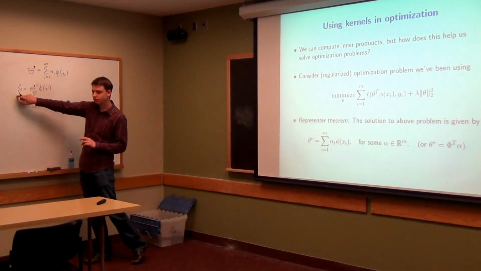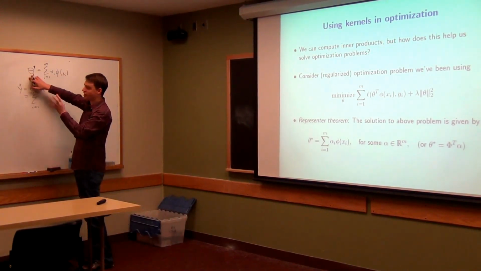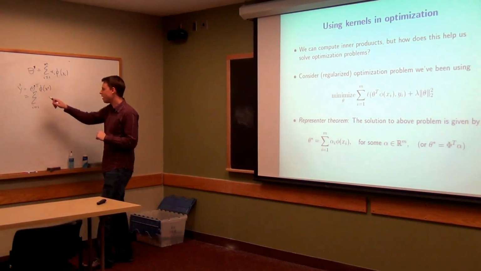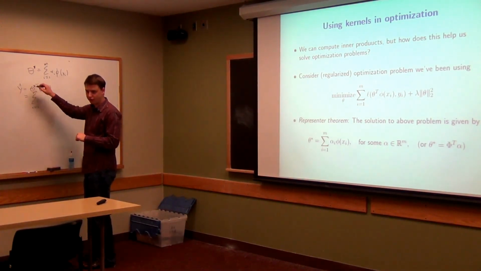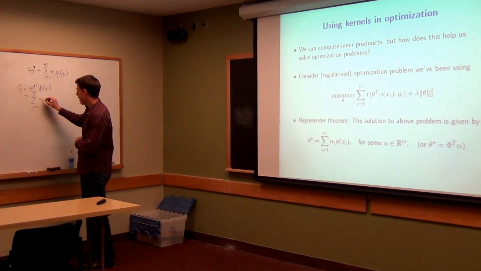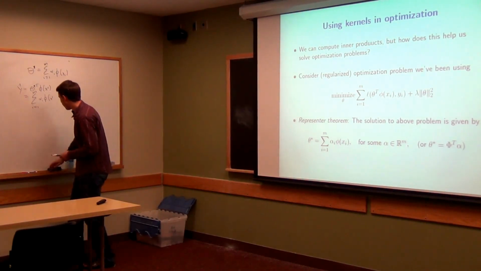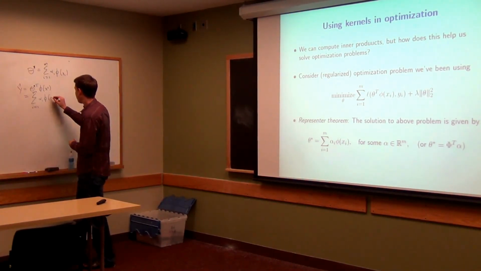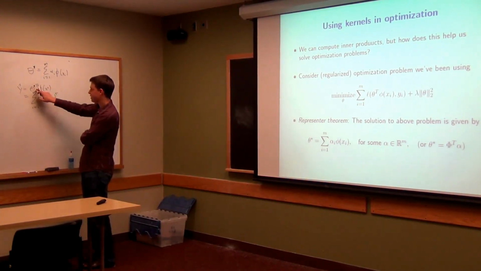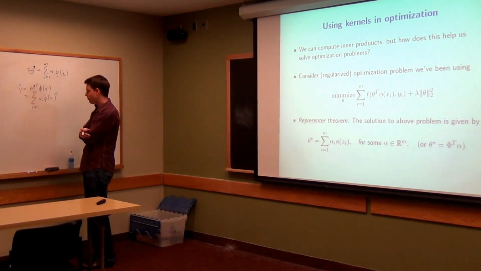So our prediction, remember, all these things are still infinite dimensional. Theta is infinite dimensional, these are infinite dimensional, or just too high dimensional to really represent. But this prediction is just going to be a linear function of these things. So this is equal to the sum from i equals 1 to m, just plugging this result in, alpha i times phi of x i, transposed, because this whole theta is transposed, times phi of x prime.